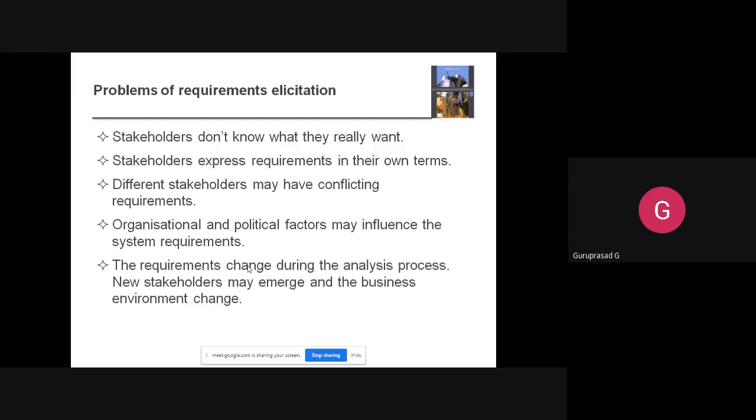The requirement is always dynamic, and change is always there. Political factors will have maximum influence on the system requirements. It is always a possibility in an organization. So requirements will change, new stakeholders may emerge, and the business environment may change.